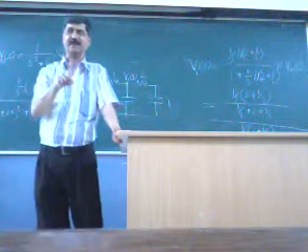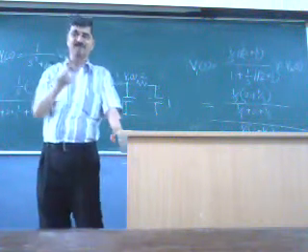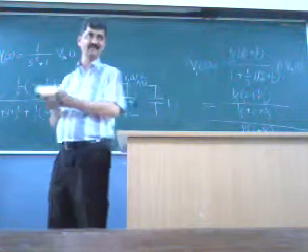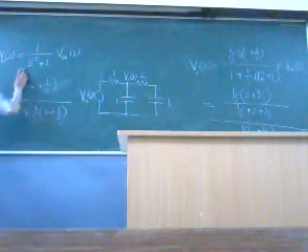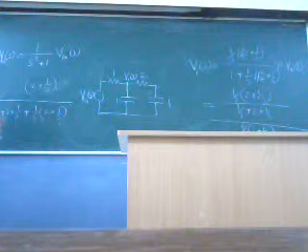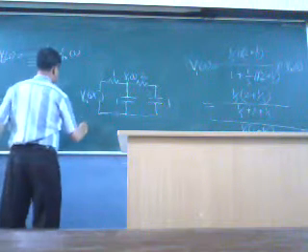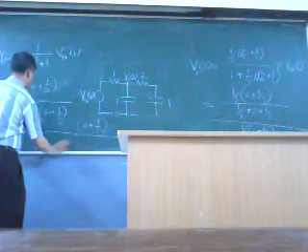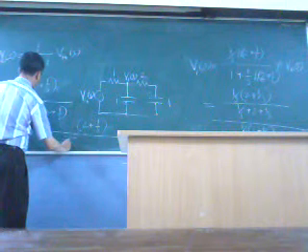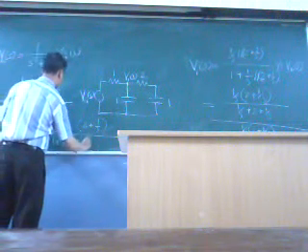Multiply by S square, or we can go step by step. Multiply by S. So when we multiply by S, this term goes right. It becomes 2 plus 1 upon S upon 1 plus 2S plus 1 plus 2 plus 1 upon S.